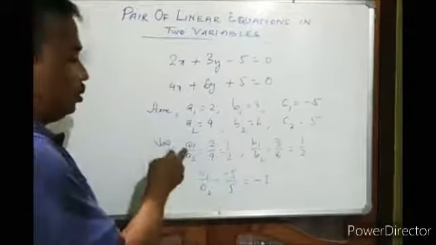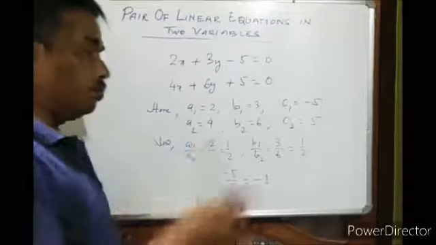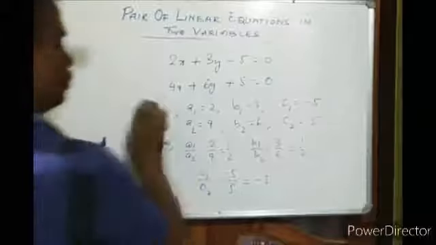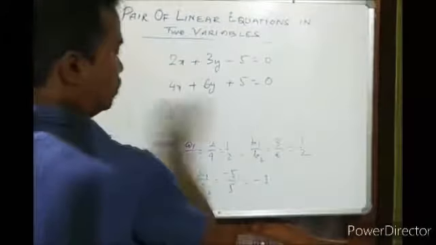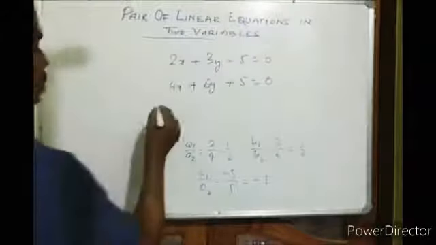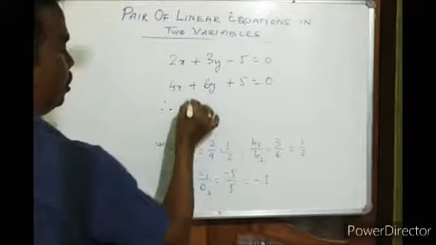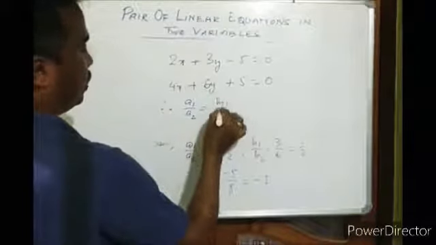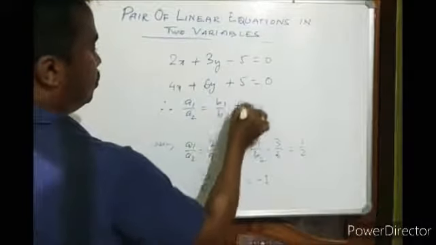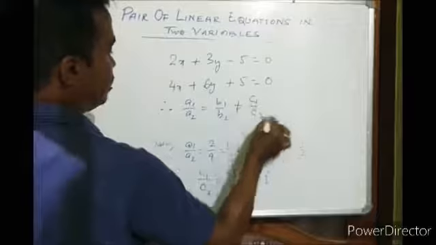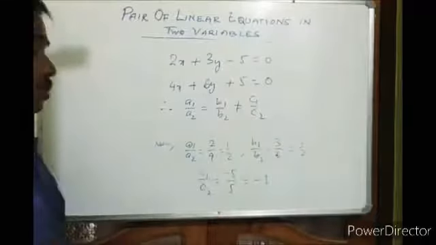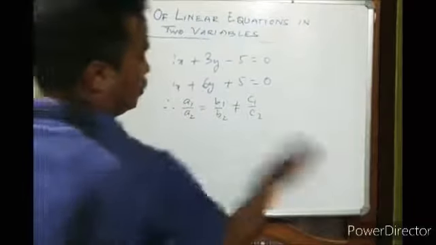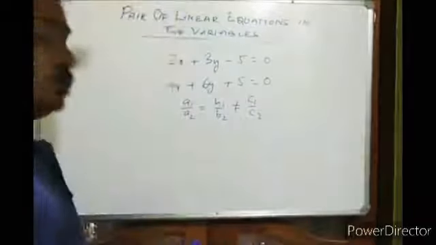So we can conclude that A1 by A2 is equal to B1 by B2 but not equal to C1 by C2. So the system of equations has no solution, and so the system of equations is inconsistent.